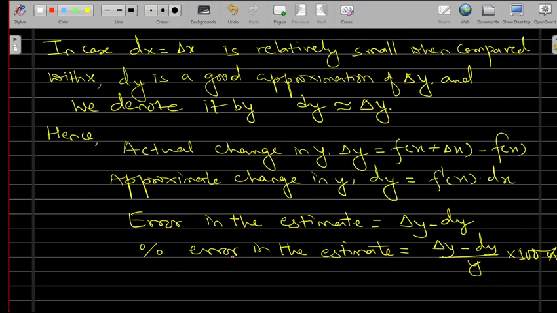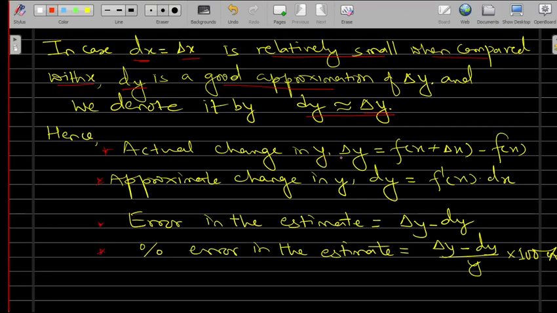When del x, which equals dx, is relatively small compared with x, they are tentatively equal, and dy is a good approximation of del y. dy and del y are not exactly the same, but in general, for a relatively small quantity, dx equals del x. So we need this for calculation in our study.